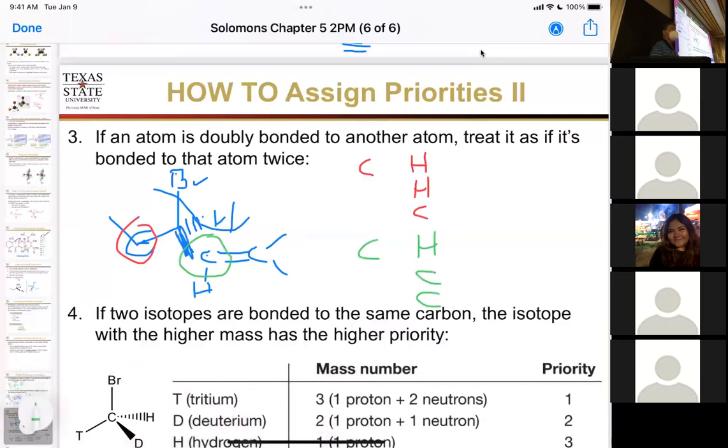So if you had a triple bond, you'd have 3 carbons there. Okay. So we have 2 carbons and a hydrogen here, 2 hydrogens and 1 carbon here. Which is the higher priority? The one with 2 carbons. So this is going to be 1 for bromine, 2 for this one, 3 for this one, and 4 for hydrogen.